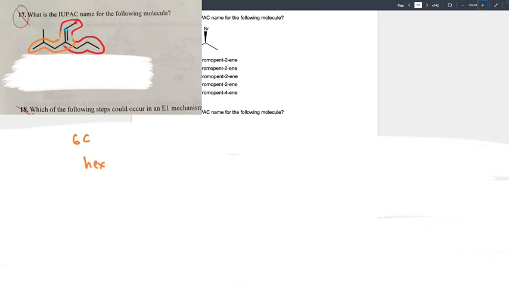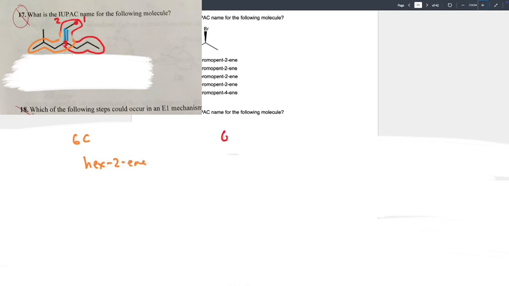If we were going to number, we need to number with the lowest number assigned to our highest priority functional group, which is the alkene. So I want to assign the alkene what number? 1, 2, because there's an extra carbon out there. 1, 2, 3, and then it splits either direction. So our alkene is at position 2.